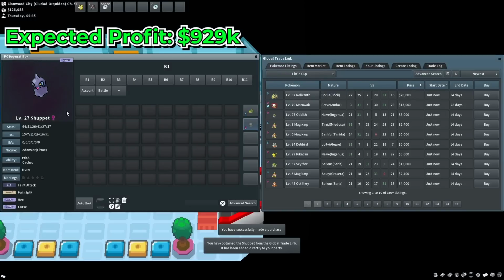I think this is an interesting one. Shuppet is used as bait for the Frisk ability, and the two IVs which are preferred are Attack and Speed, and Adamant is a great nature for it.